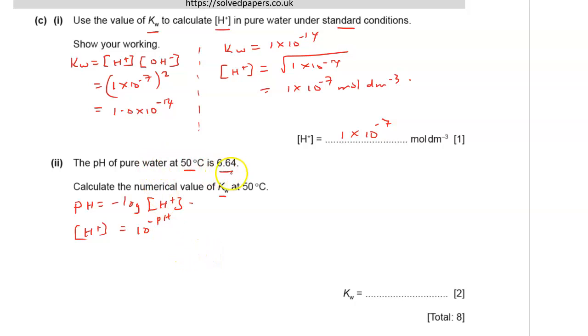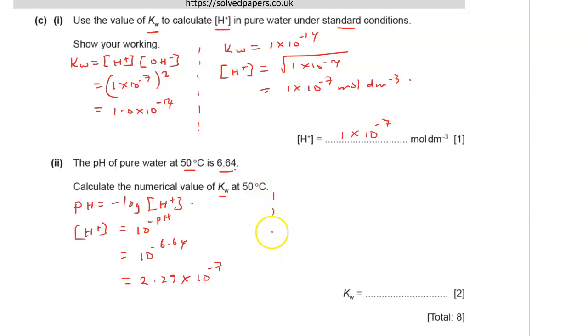We are given the pH, so the hydrogen ion concentration is 10 raised to power minus 6.64, which is the pH of water at 50 degrees Celsius, and this will give us 2.29 times 10 to the power minus 7.